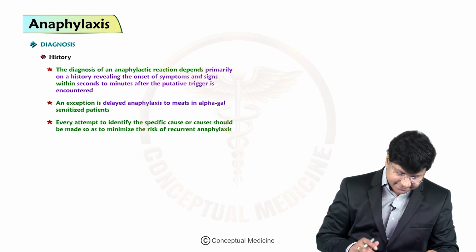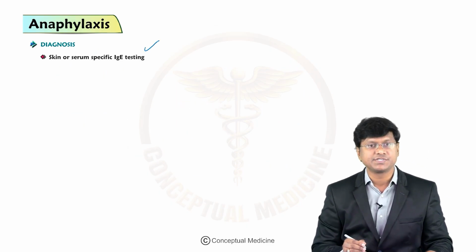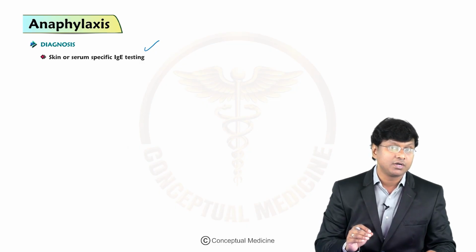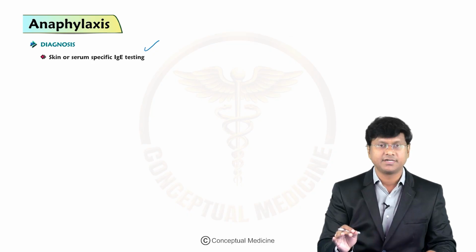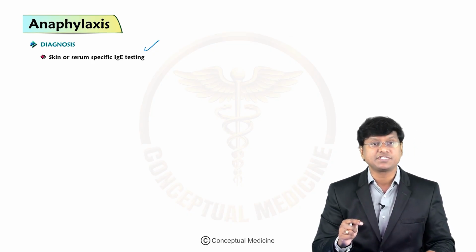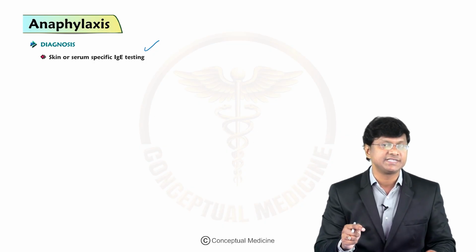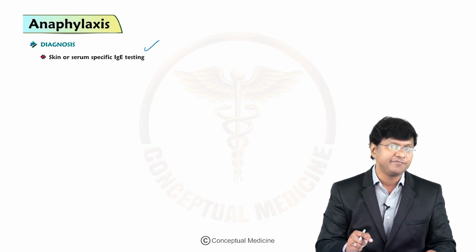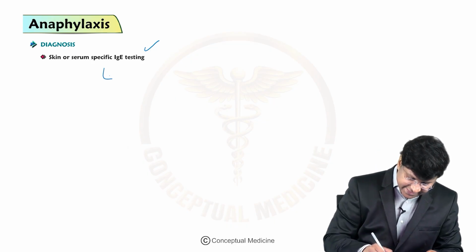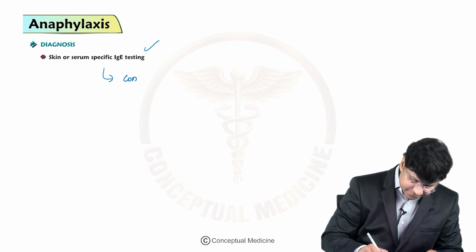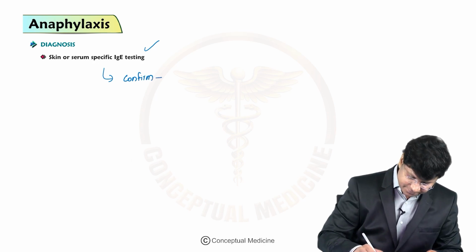And apart from that, investigations, that is skin or serum specific IgE testing. If a particular drug or a particular food is suspected, skin or serum specific IgE testing is useful to confirm the clinical suspicion.